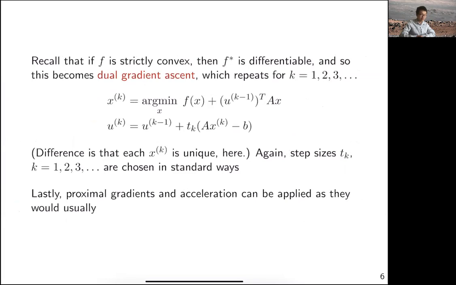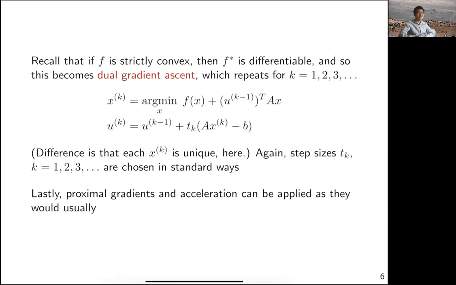If f is strongly convex, then can anyone guess what properties we can say about f star? Anyone?